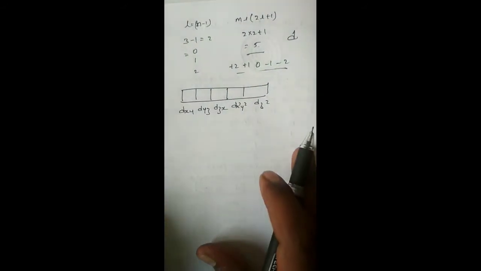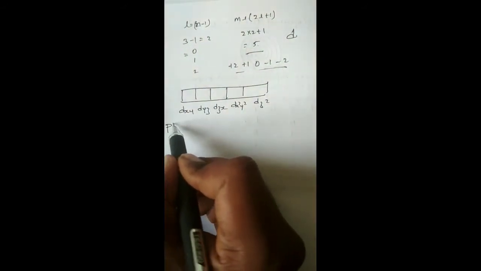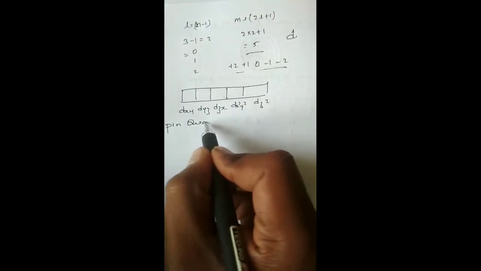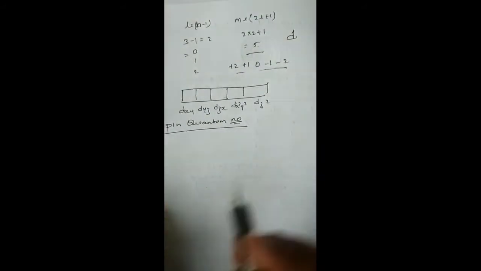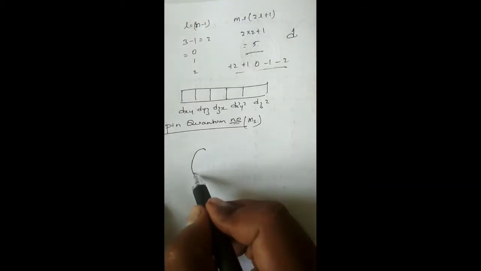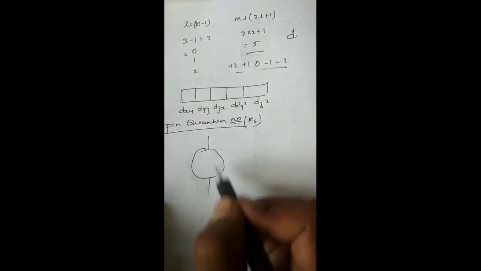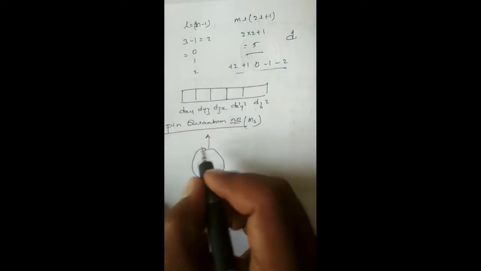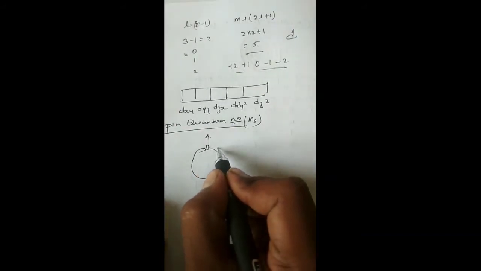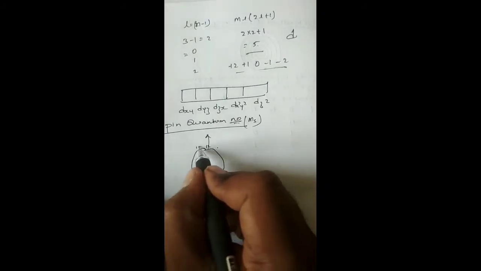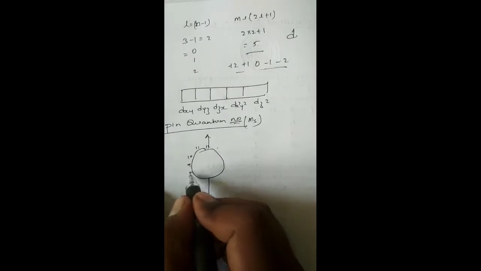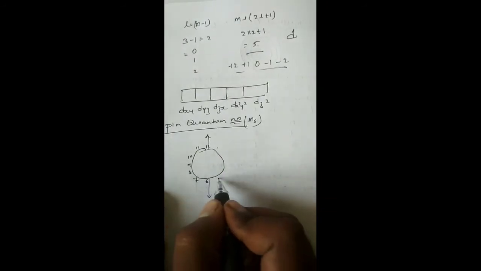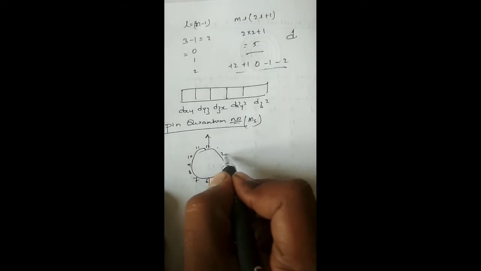Next, the last quantum number, that is the spin quantum number. The spin quantum number is denoted as ms. Spin quantum number is like if you take the atom and a clock, for example, 12, 11, 10, 9, 8, 7, 6, 5, 4, 3, 2, 1.